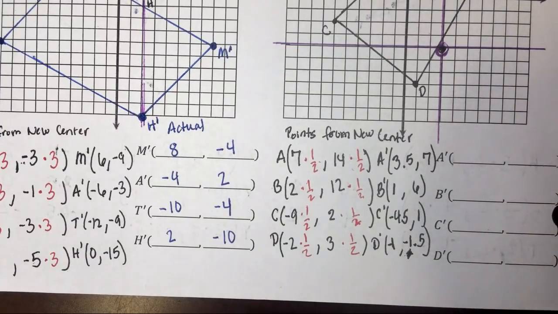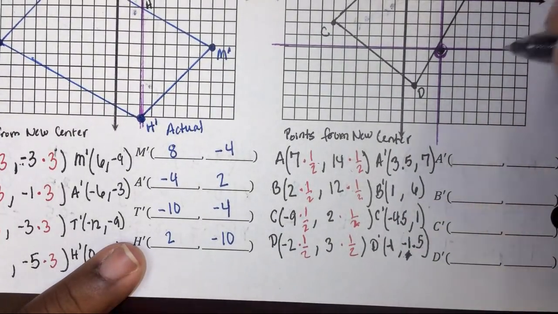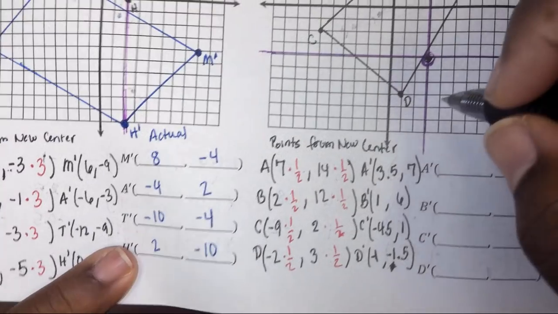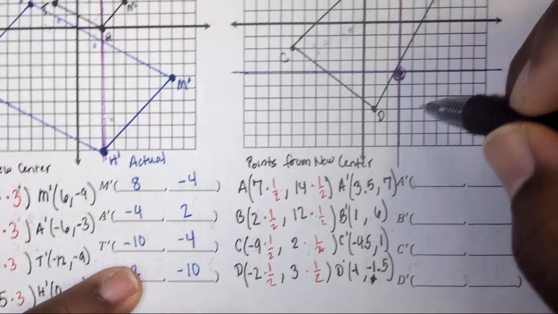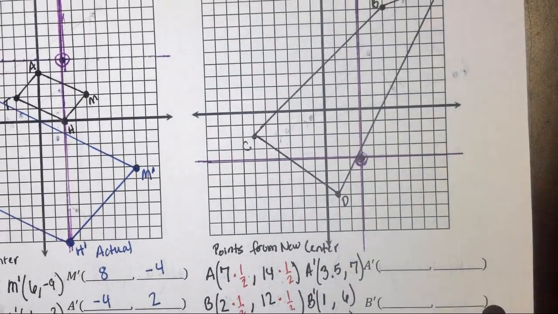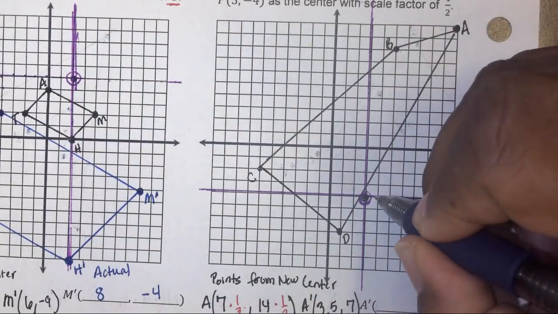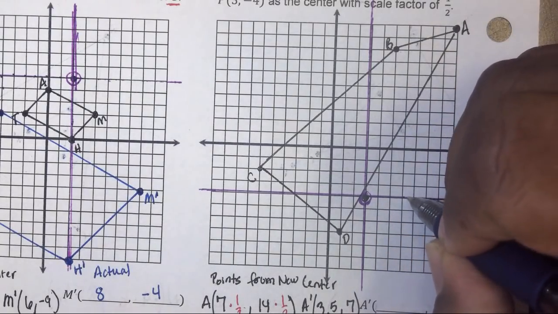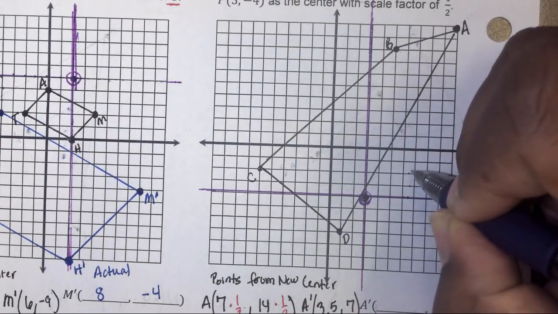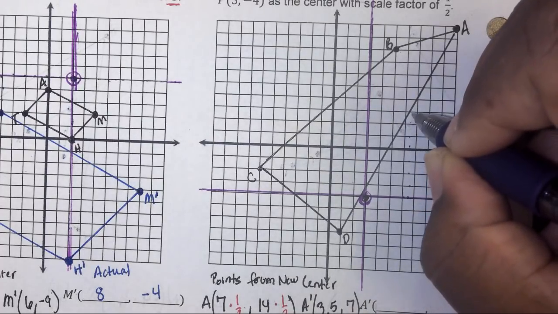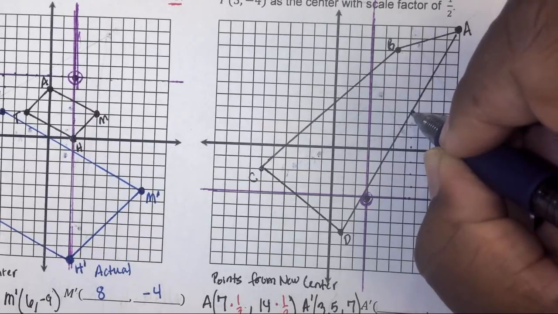And from there, put your points on from that center. Start with A, go over 3.5, up 7. Count up the line: 1, 2, 3, 4, 5, 6, 7. Gonna land about right here.